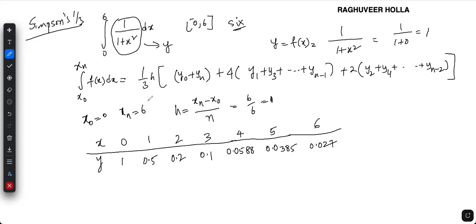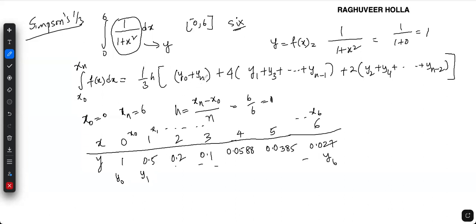So the corresponding x naught, x1, up to xn, which is x6, corresponds to y naught, y1, up to y6.